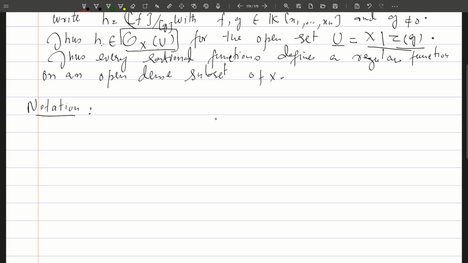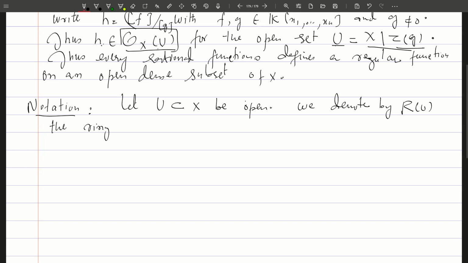Let U be an open subset of X. We denote by R(U) the ring of functions from U to k.